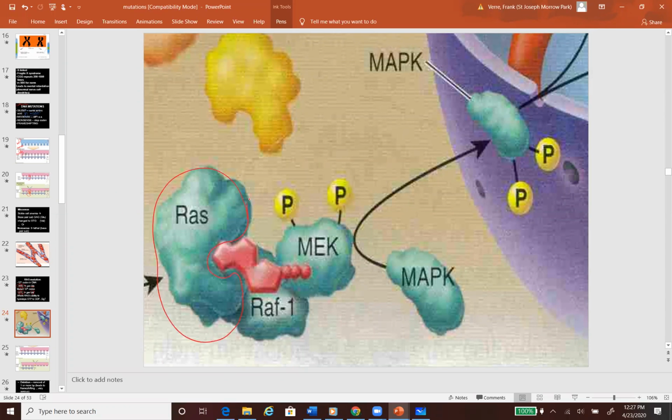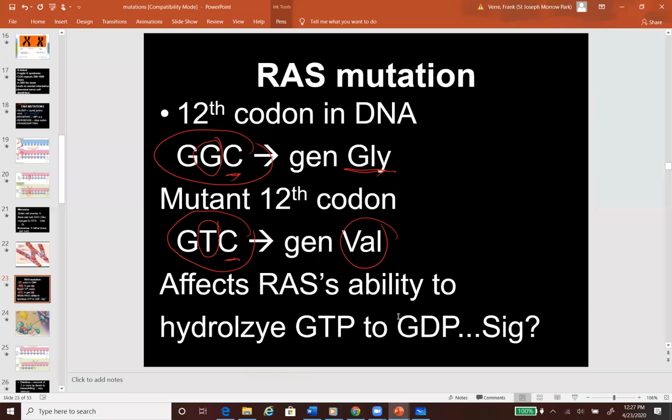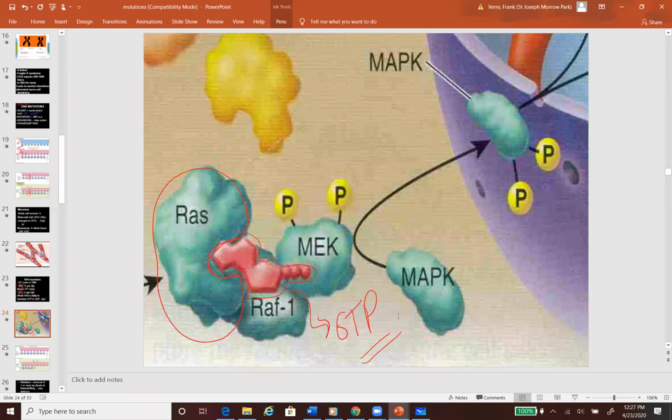Now, the way the RAS protein works is it has a domain. So this is something that's called GTP. GTP is a cousin of ATP. Now, what the RAS protein is supposed to do is take the GTP and break it down into GDP to turn itself off. So right now, this is considered the on state of the protein.